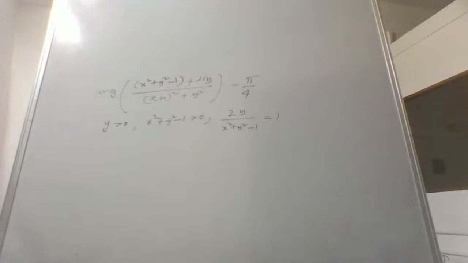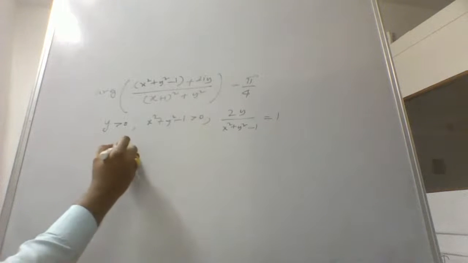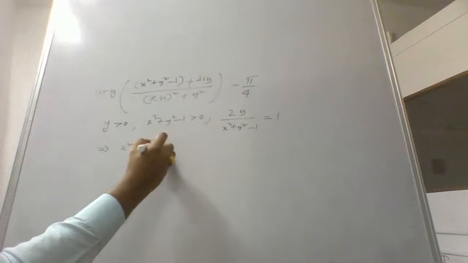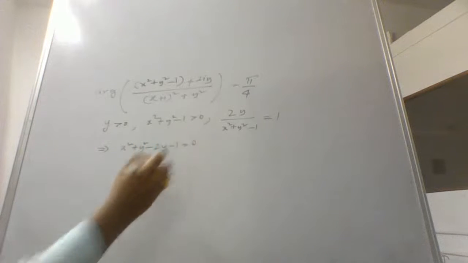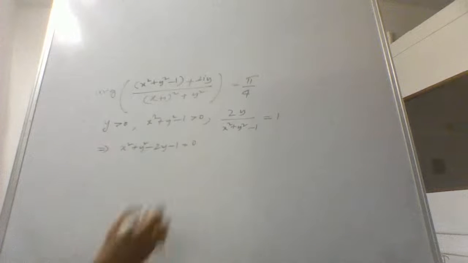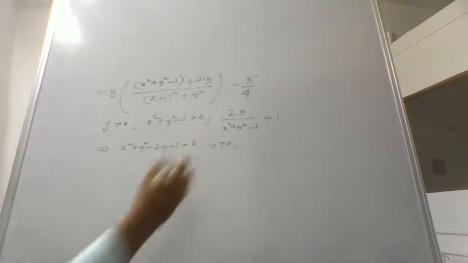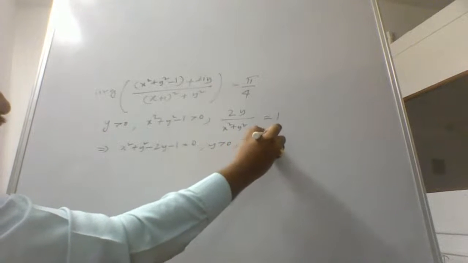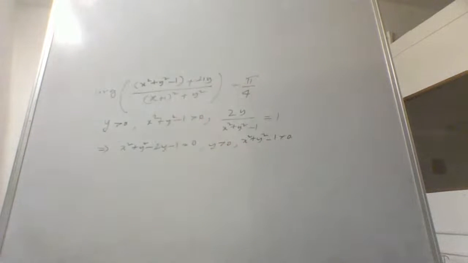So this implies that x square plus y square minus 2y minus 1 is equal to 0 for x greater than 0, and x square plus y square minus 1 again being greater than 0.